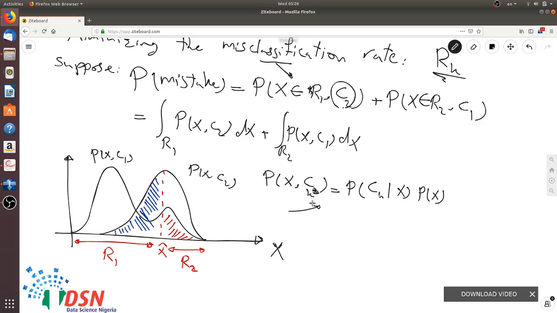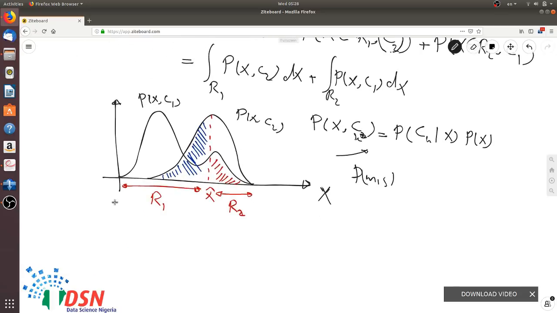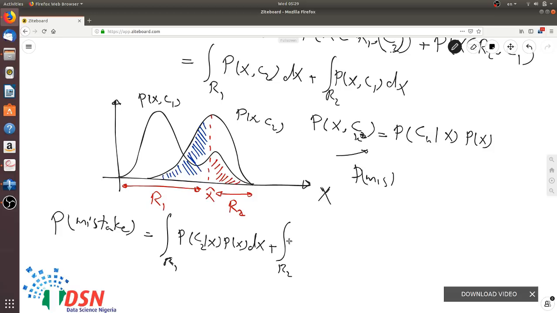And we know that P of X is common in both of these, so we could rewrite it this way. P of mistake is equal to the integration over region 1 of P of C2 given X times P of X dx, plus the integration over region 2 of P of C1 given X times P of X. And P of X is equal for both of them.